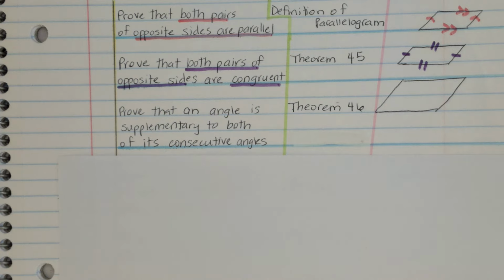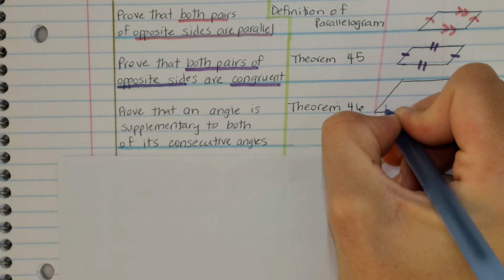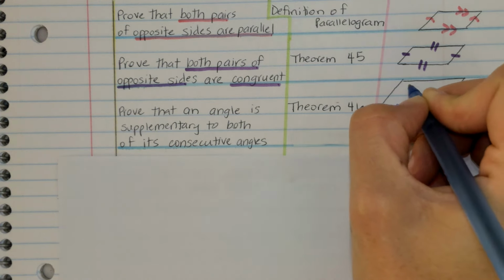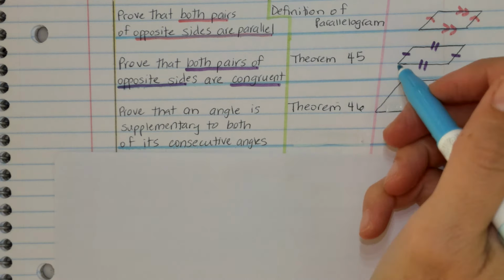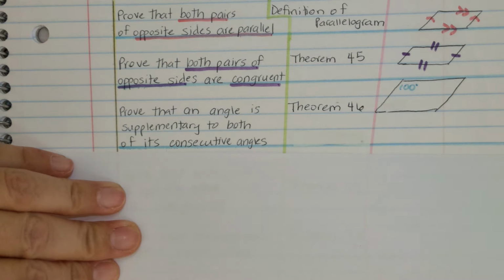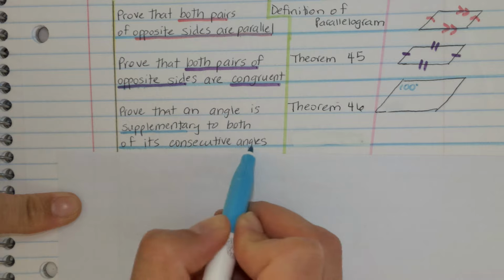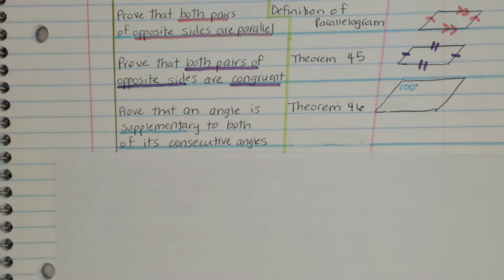I'm just going to show an example. Let's say that one angle is 100 degrees. That one wouldn't be 100, so I whited that one out. This angle would be 100 because it's an obtuse angle. If it's supplementary to both of its consecutive angles, the angles next to it, they would have to be supplementary.